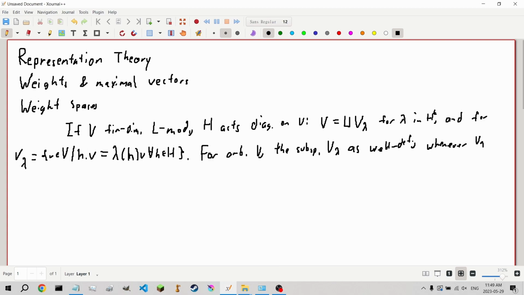Whenever V lambda is non-zero, we call it a weight space, and we call lambda a weight of H on V.